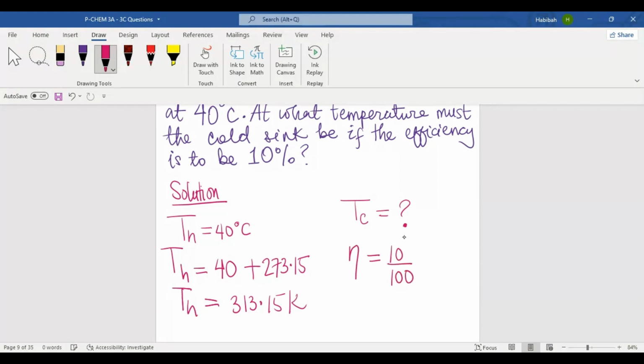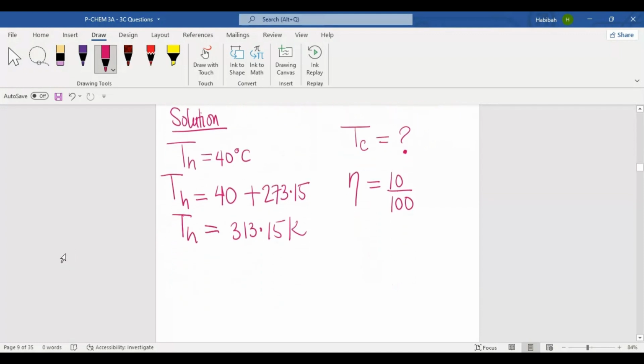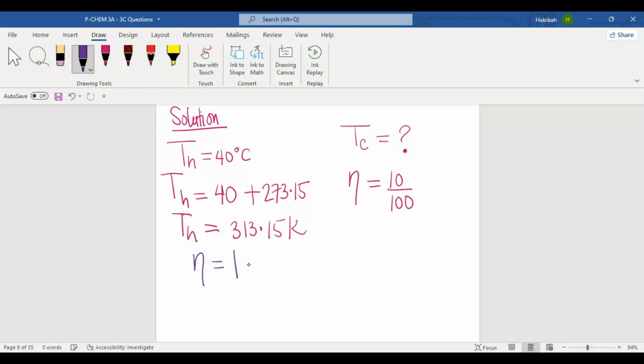Now, if you notice, I didn't say 10%, I said 10 divided by 100, and I'm going to explain why in a second. For efficiency, the formula is simply this: efficiency equals 1 minus the temperature of the cold sink divided by the temperature of the hot source.